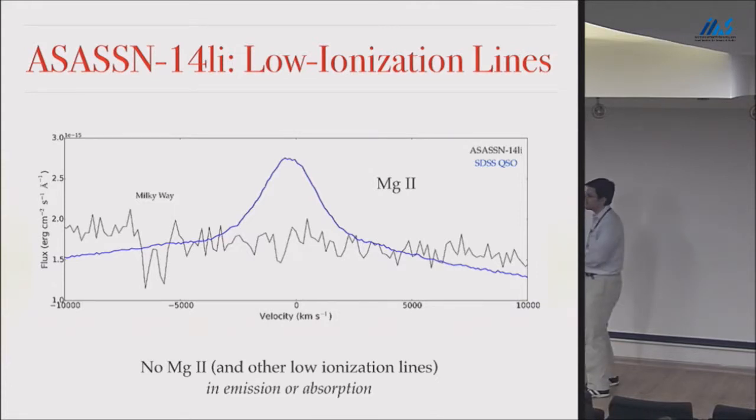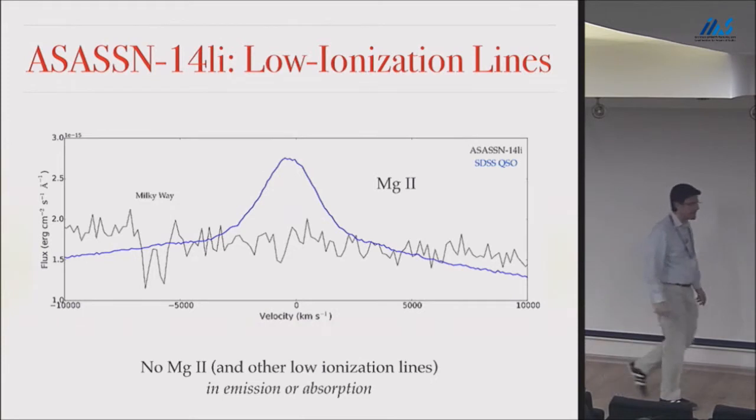You see this absorption right here at minus 6,000. This is just absorption from magnesium-2 in the Milky Way, essentially redshift of 0. There's no absorption or emission from any low ionization features in ASASSN-14li. And that will actually be a trend as we see in some of the other objects.